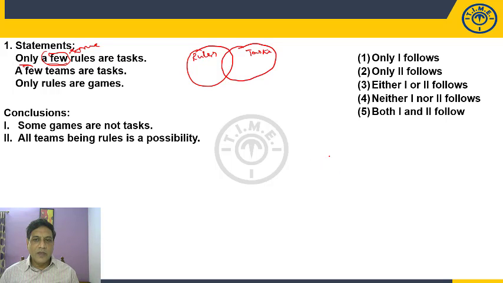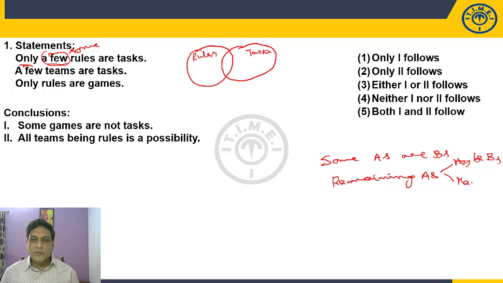When we generally say some A's are B's, then how about the remaining A's? The remaining A's may be B's, may not be B's. May be B's and may not be B's.